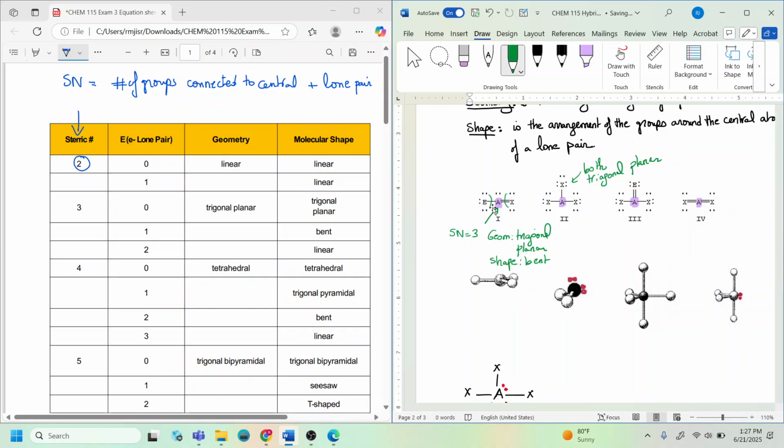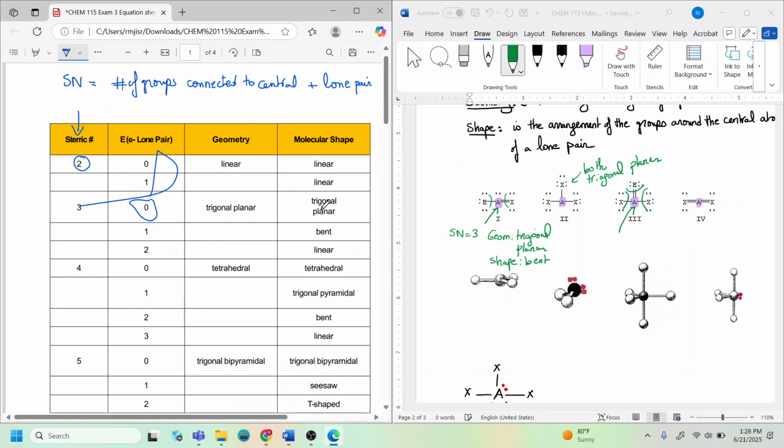And this is always the case. Whenever there is a lone pair, the geometry and the shape are going to be different. If there is no lone pair on the central atom, the geometry and the shape are going to be the same. This is another example over here. You do have 1, 2, and 3 groups. No lone pairs on the central atom, so you're looking at a steric number of 3 and a lone pair of 0.